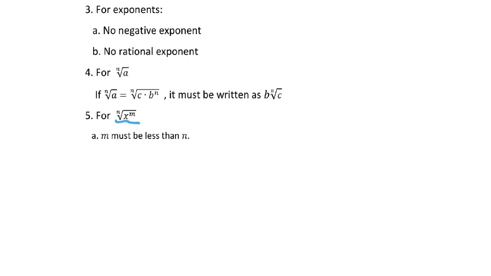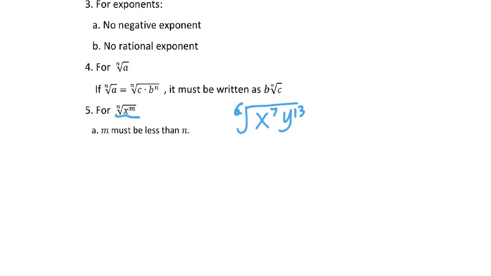For number 5, for the nth root, make sure the exponent m must be less than n. If you have something like the 6th root of x to the 7th and y to the 13th, since 7 is greater than 6 and 13 is greater than 6, 7 over 6 you will write as 1 plus 1 over 6.